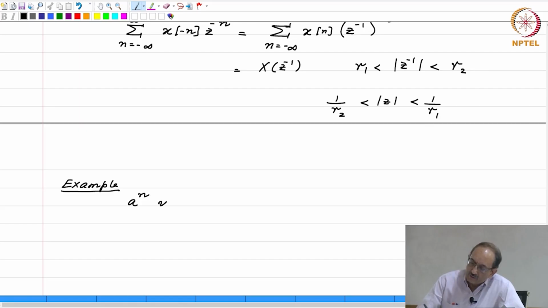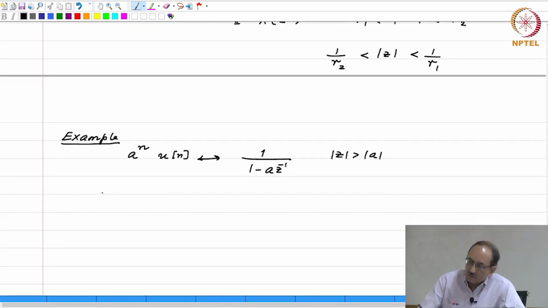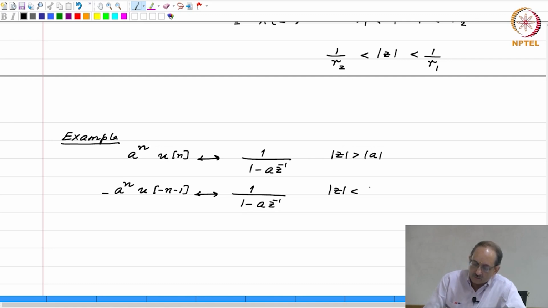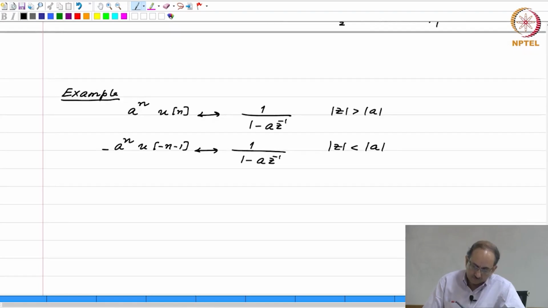We know that a to the n u of n is 1 by 1 minus a z inverse, mod z greater than mod a, and we also know that minus a to the n u of minus n minus 1 is 1 by 1 minus a z inverse, mod z less than mod a. So, we will derive the second transform starting from the first using the time reversal property.